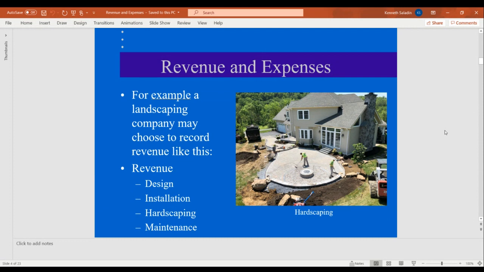And then maintenance. After the landscaping job is complete, many landscape companies will offer to maintain the landscape for the customer. That maintenance may include pruning, trimming, removal of dead vegetation in the fall from herbaceous perennial plants, adding more mulch, fertilizing, and whatnot.